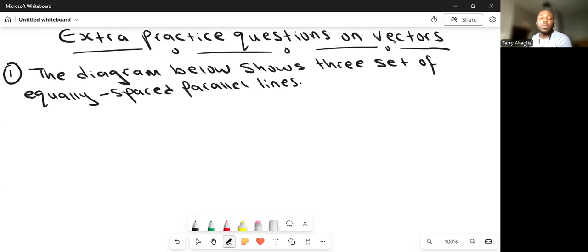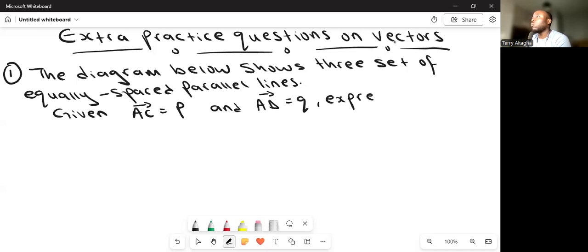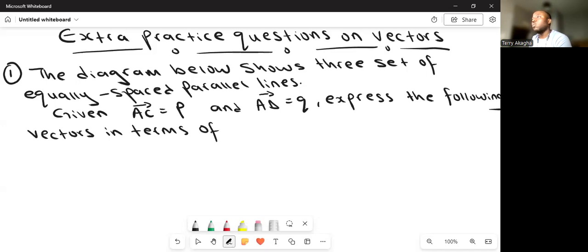We're told that AC is equal to P and AD is equal to Q. We're now told to express the following vectors in terms of P and Q. So the key thing to know is that AC is equal to P, and AD, remember the direction from A to D, is Q.